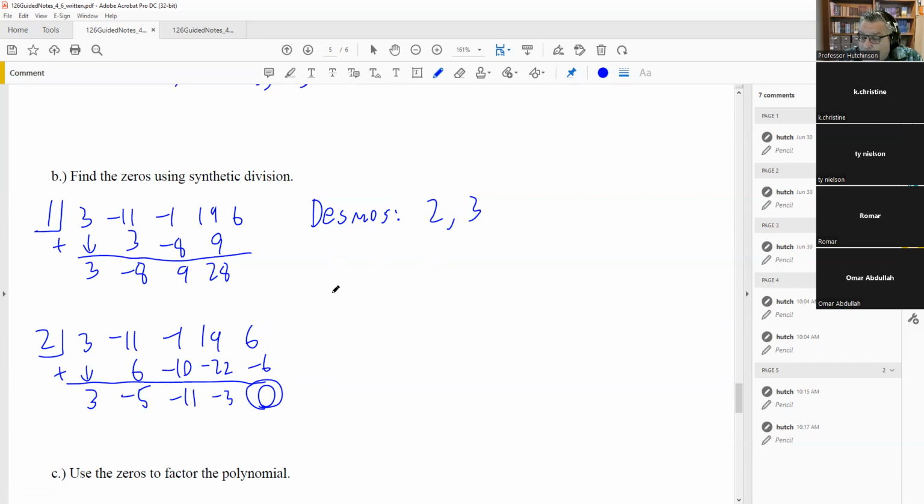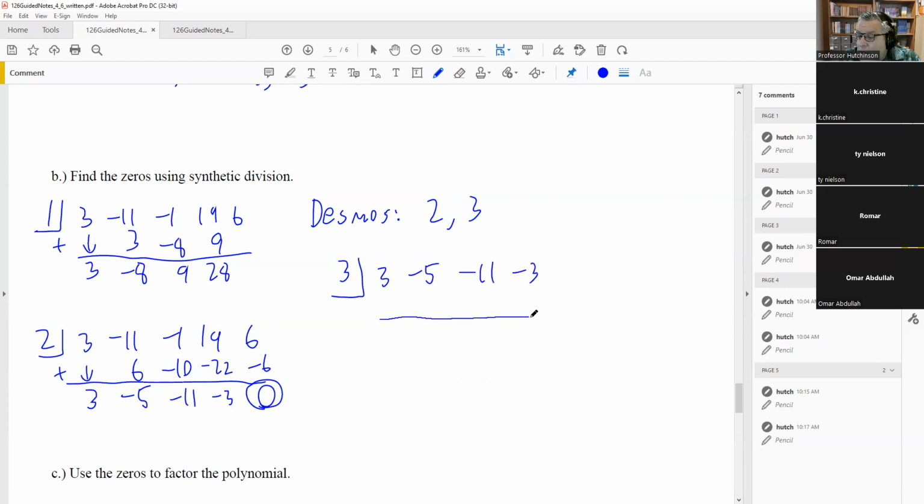Now I'm going to do synthetic again with the 3, and I want to take this down to a quadratic. Now how you do that is you use the 3, but instead of using the original 3, -11, -1, and so forth, we're going to use the answer that we got when we put a 2 in there. So I'm going to put 3, -5, -11, and -3.